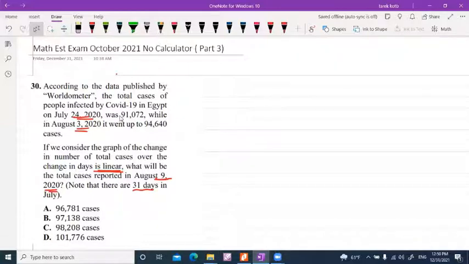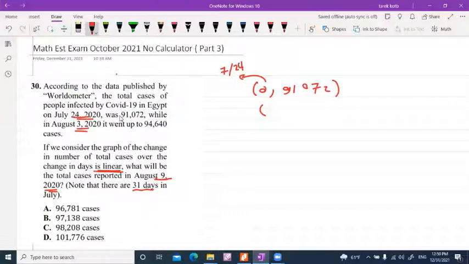So let's see what we can do with this problem. Let's consider July 24th as day 0, and the COVID-19 infections were 91,072. And August 3 is after how many days?